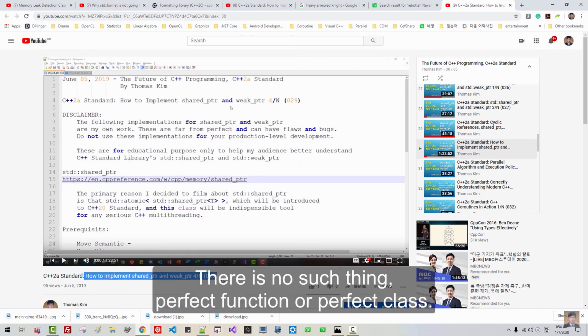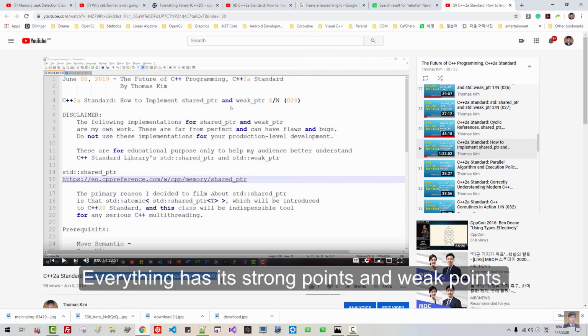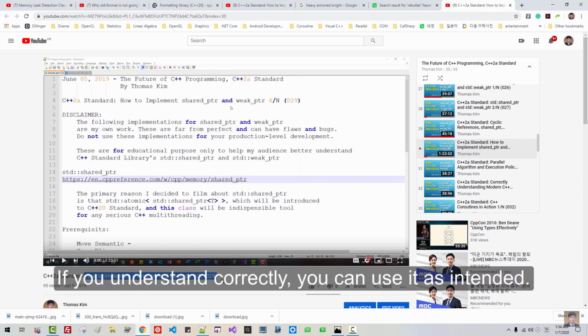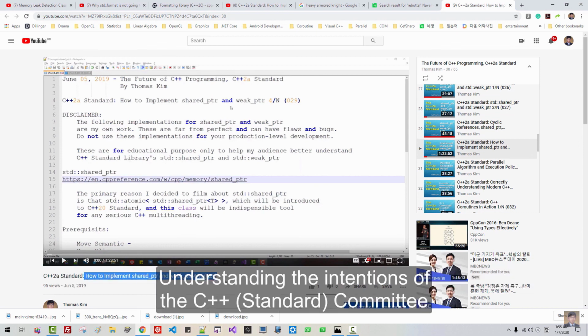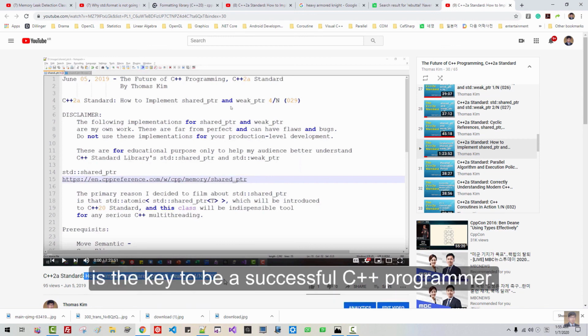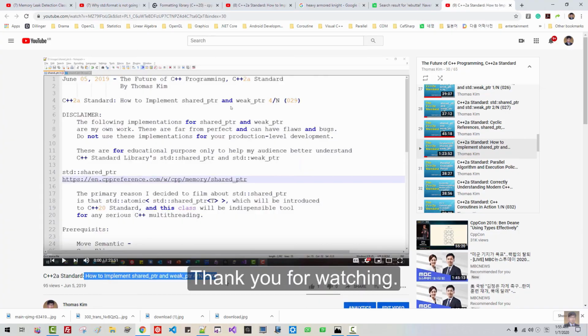There is no such thing as a perfect function or perfect class. Everything has strong points and weak points. If you understand correctly, you can use it as intended. Understanding the intentions of the C++ committee is the key to being a successful C++ programmer.